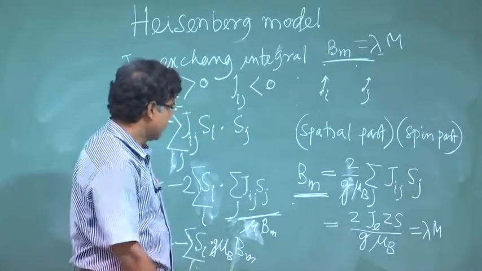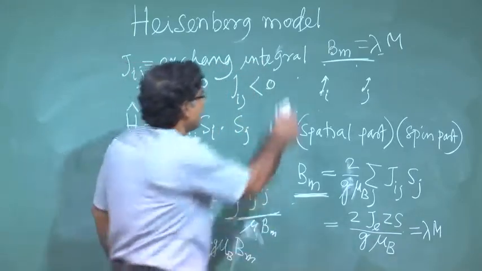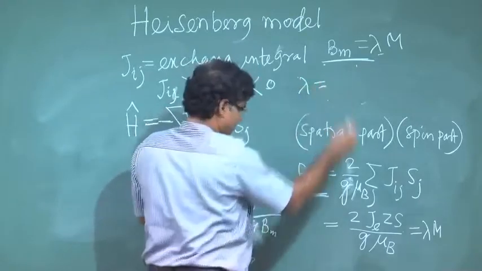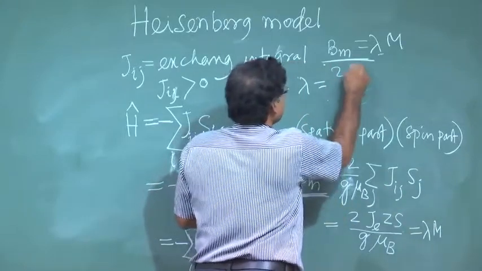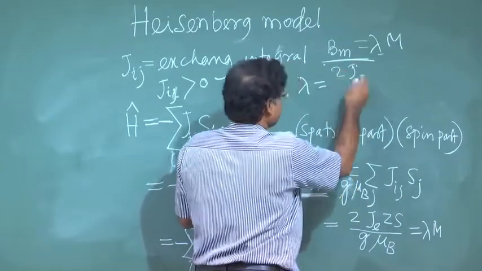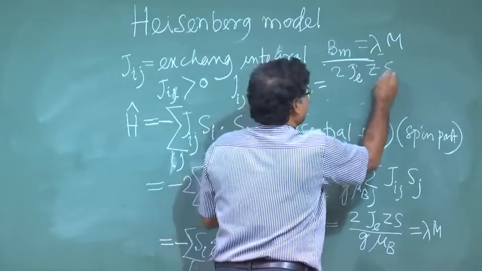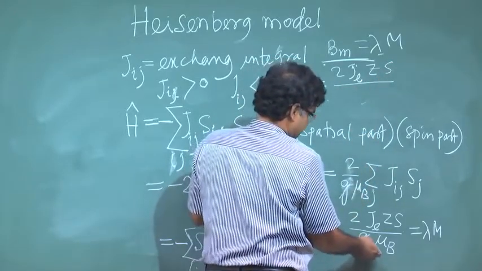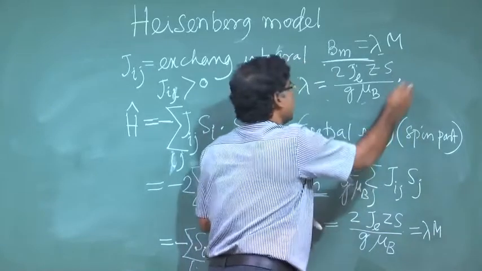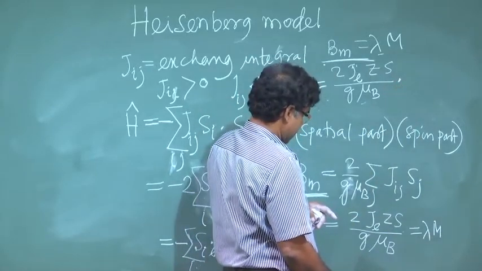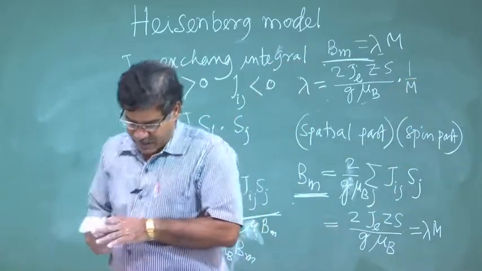Then one can write lambda equal to 1 by m, 2 J E, that is E exchange one, not that, Z S by g mu B, and this M S. So, this is, I think, lambda equal to this by this, 1 by m. So, you have to take the m value.